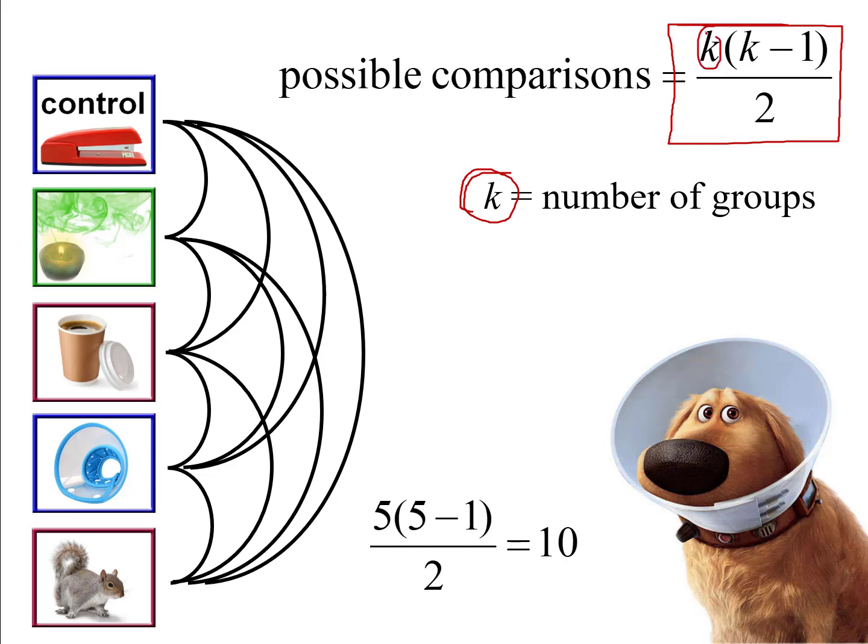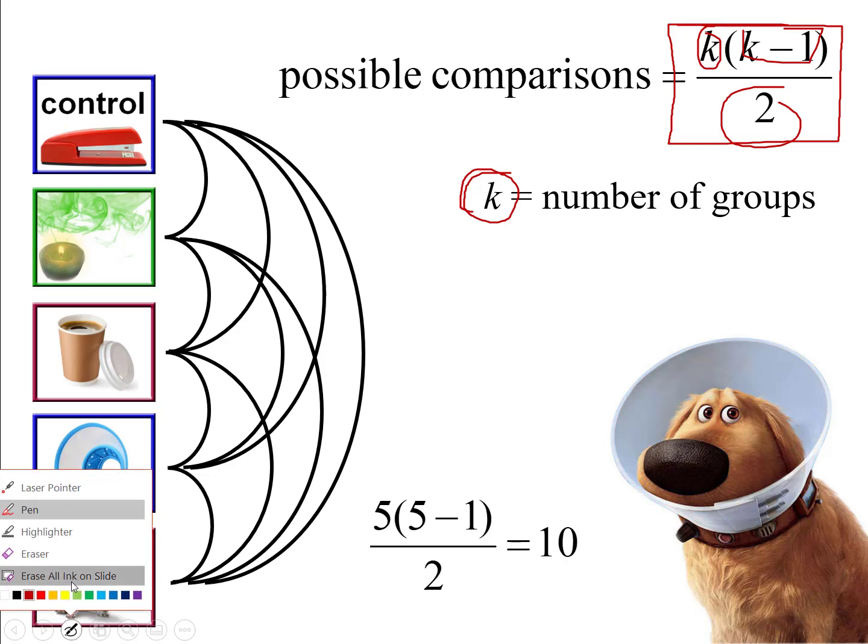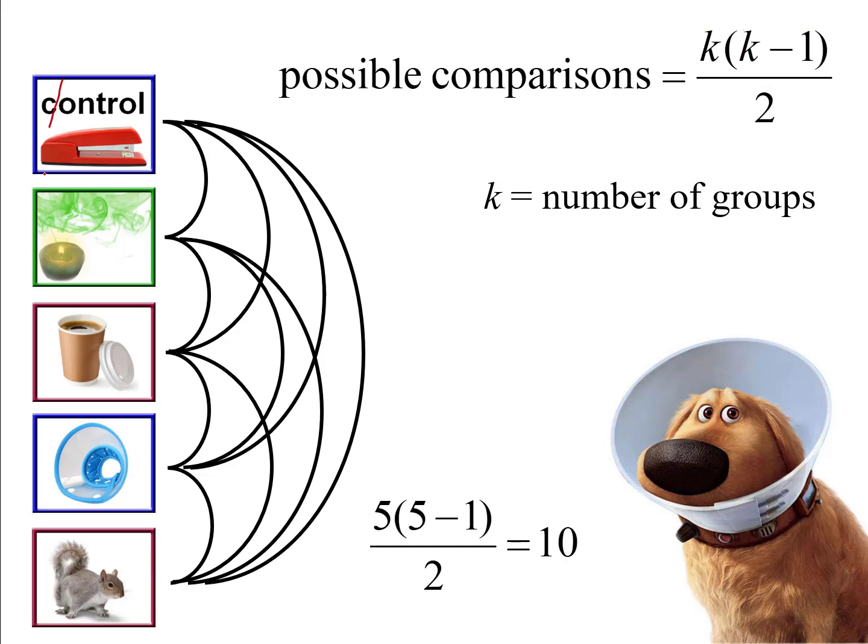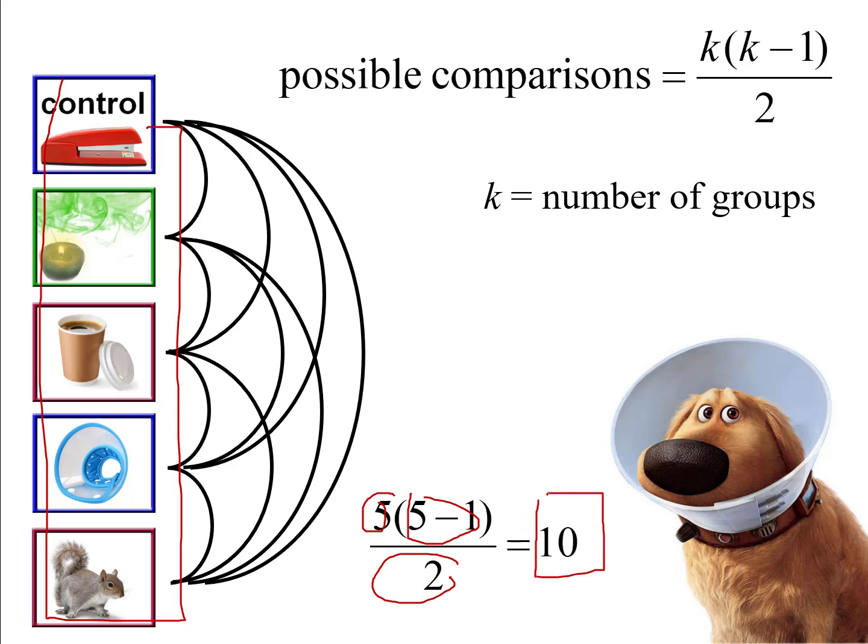If you take K times K minus 1 and then divide that by 2, that will tell you how many possible comparisons you can make in a study. So for example, if we have 5 groups, we take 5 times 5 minus 1 and then divide that by 2 and we get 10. We could count up all the lines over here and see we have 10 lines, or we could plug in the formula and see we can make 10 possible comparisons between groups if we have 5 groups.